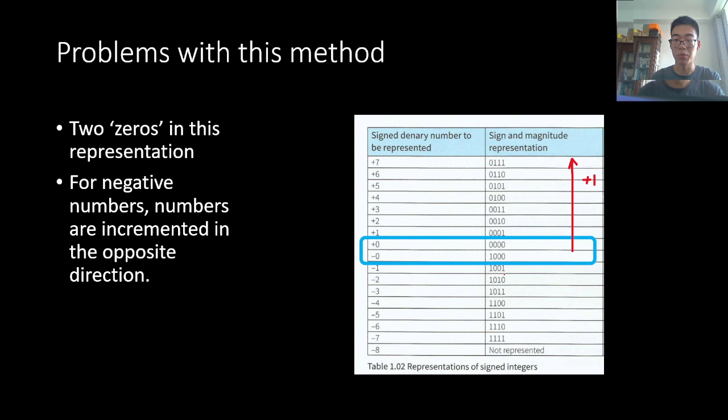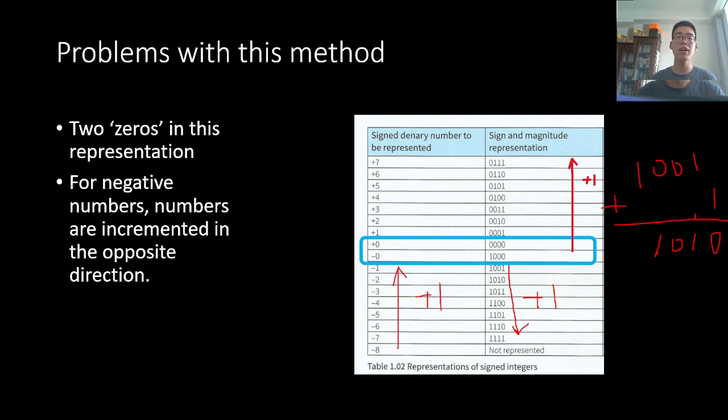If we think about pure binary, for example 1001, if we add 1 to it, we get 1010, which means it is a plus 1 in this direction. However, in pure mathematics, we know that it should go in the other direction. So I will summarize here: for negative numbers, numbers are incremented in the opposite direction. This is the reason why this method is not really good.